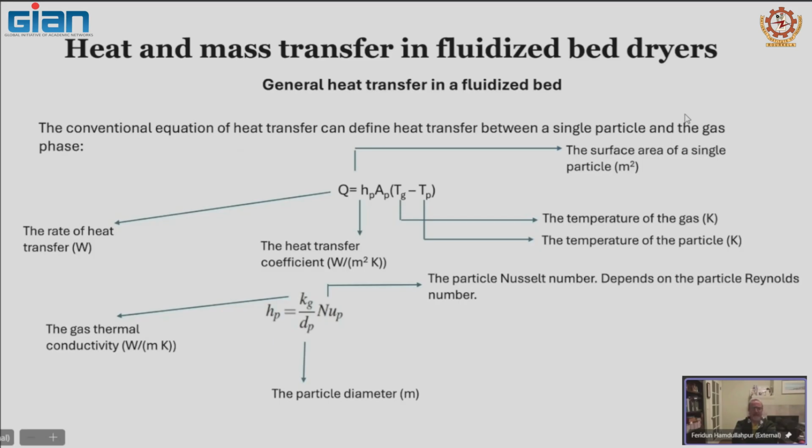And for the heat transfer coefficient, of course, you have to know the particle Reynolds number. Particle Reynolds number will give you the particle Nusselt number. Then from the Nusselt number, you have the heat transfer coefficient.